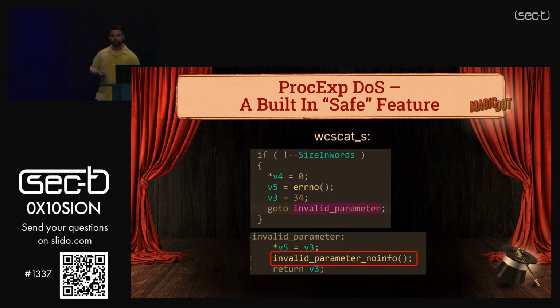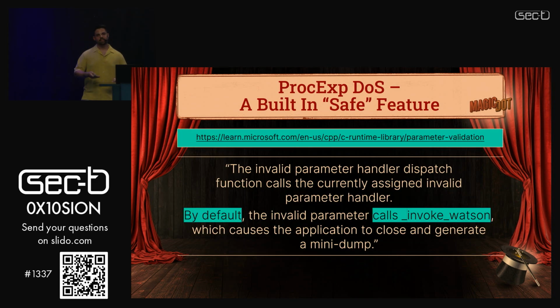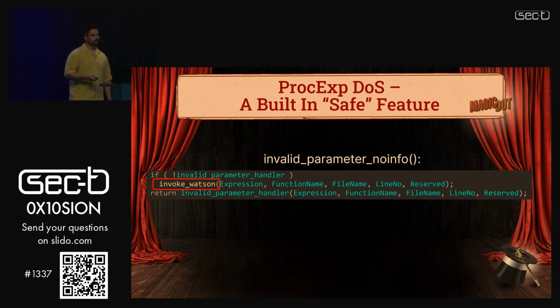Just like we can see in this case, this invokes the invalid parameter error handler. The invalid parameter error handler calls the user-assigned invalid parameter handler, but if there is none assigned by the user, it just calls invoke Watson, which closes the application and generates a mini dump, like we can see here. If there is no handler, it calls invoke Watson.